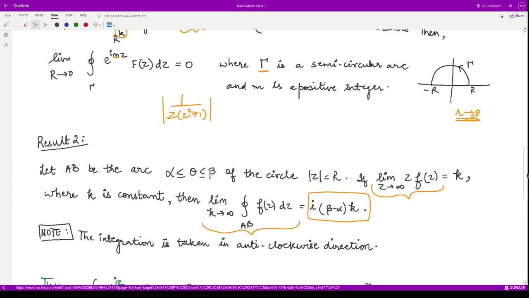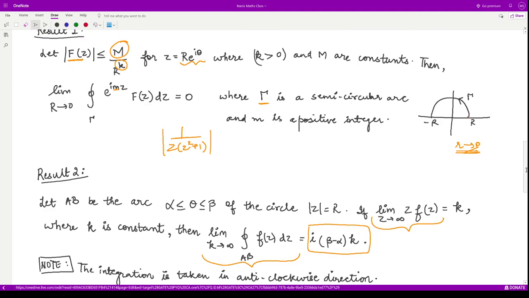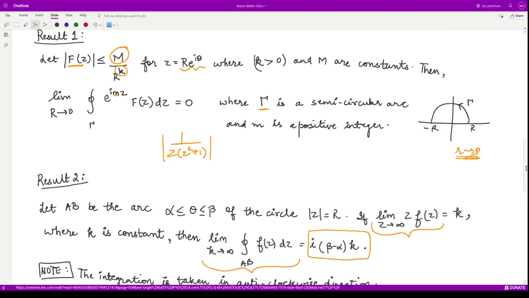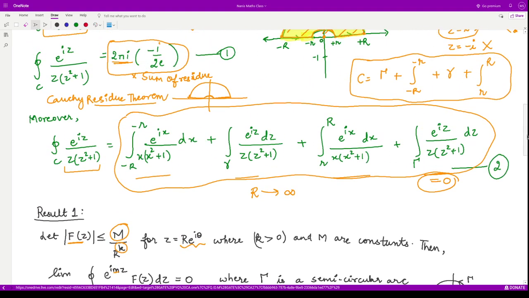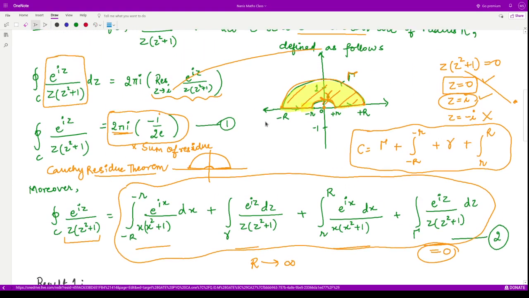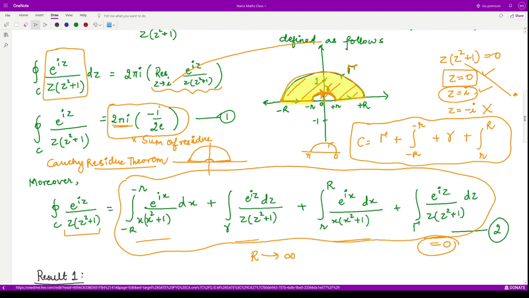So in this particular case, what is gamma? Gamma is defined from this point to this point. If you measure the angle, it would be from 0 to pi, but that angle would be measured in the clockwise direction, whereas here we have gamma defined in the anti-clockwise direction.